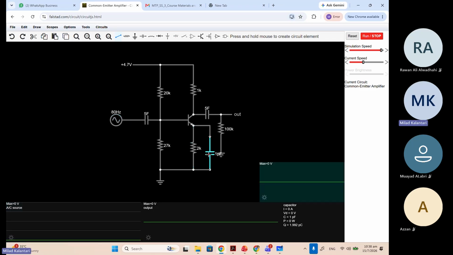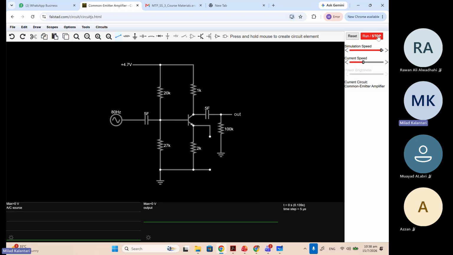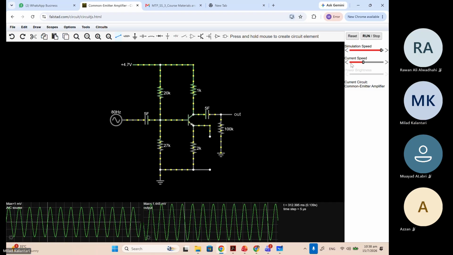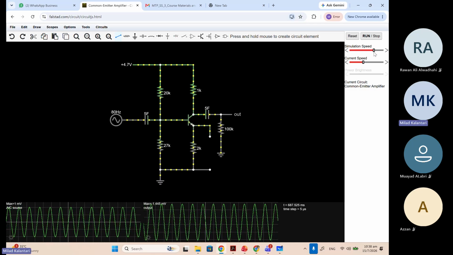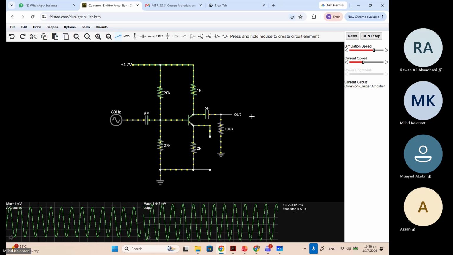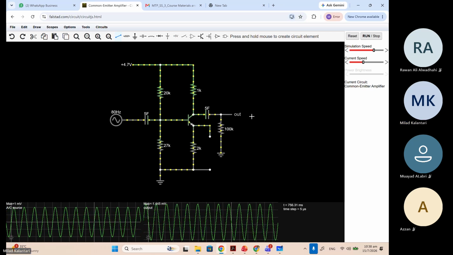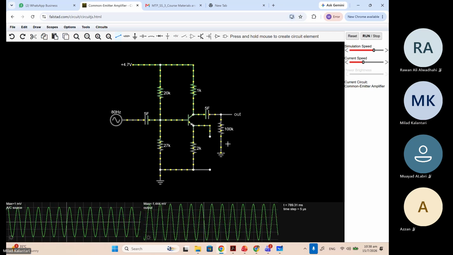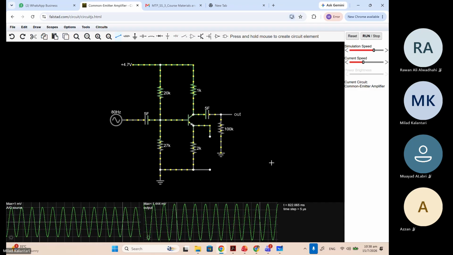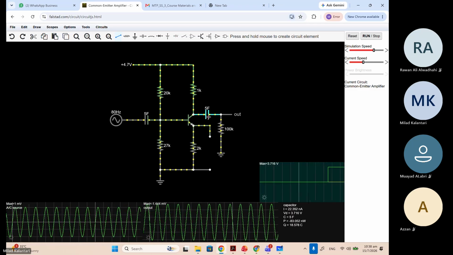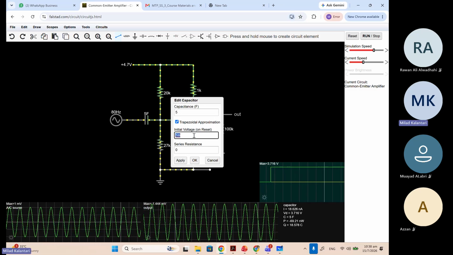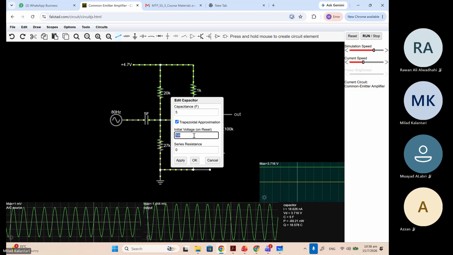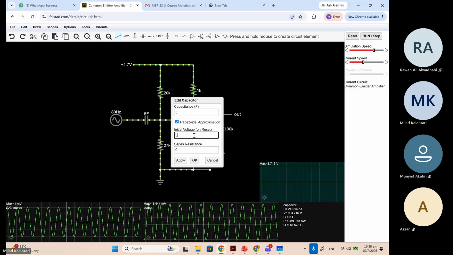And then let's just remove it for now. Reduce this speed a little bit. 2.7.